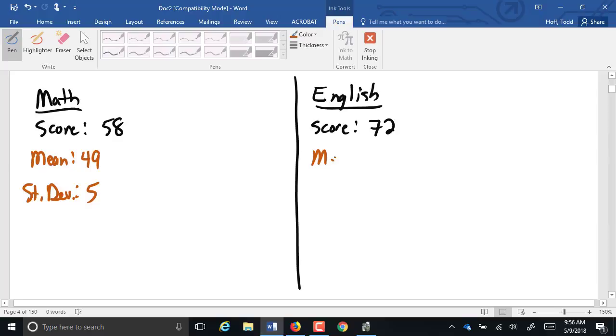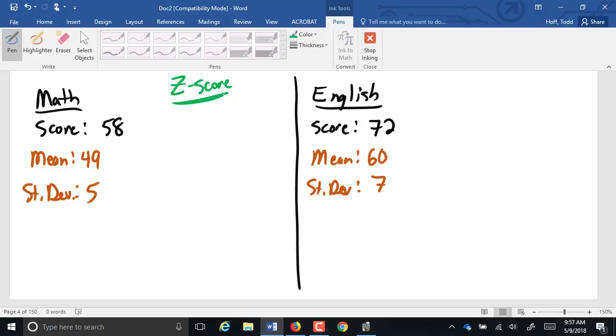On the English test, we find that the mean score is 60 with a standard deviation of 7. Well, we can compare them with something called a z-score. A z-score is a way of comparing a number not to the other number, but back to its own population.